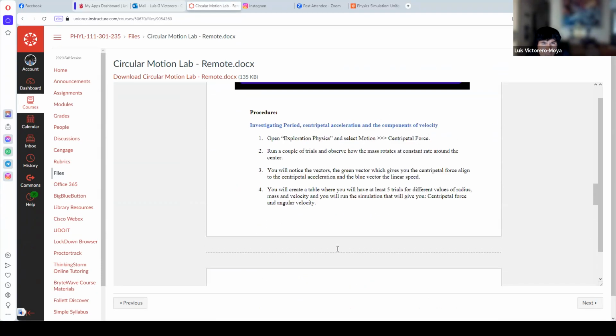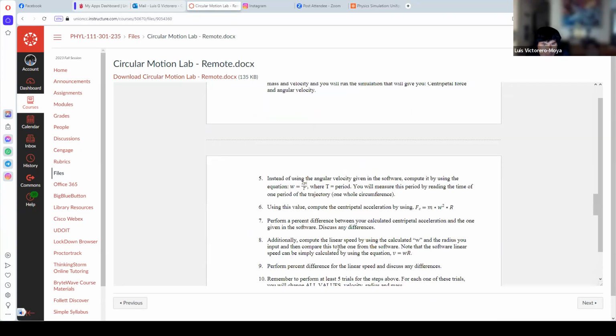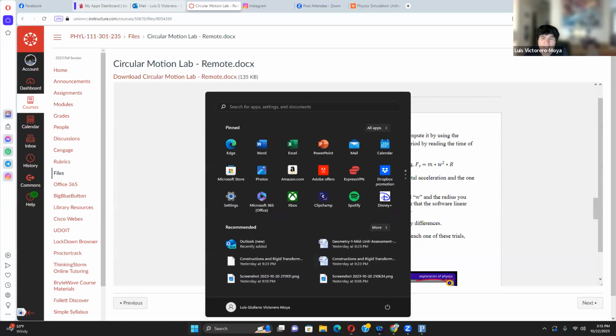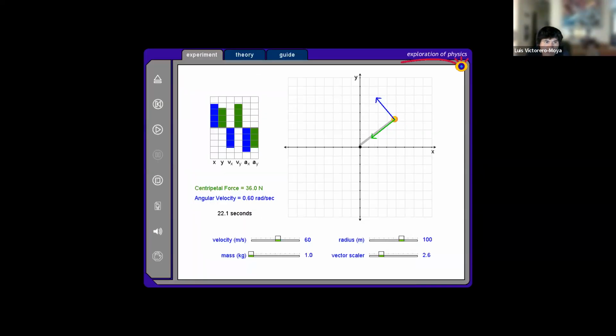The first part is actually not so bad. You're basically just exploring centripetal acceleration, period, speed, and angular speed. The equations are provided in the procedure. So the only thing you have to do for the first part is, if you manage to open this, you are going to leave all these and just make sure that you adjust the accelerations.